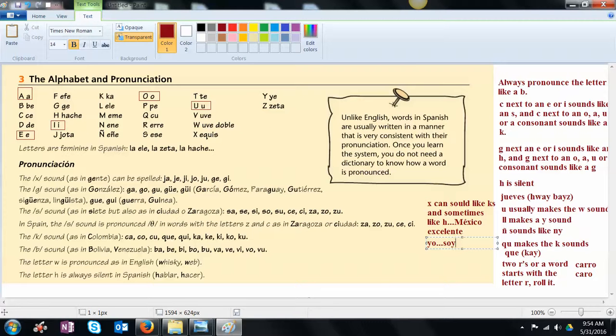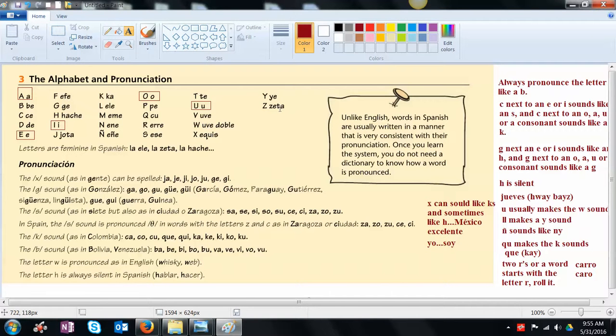So if it starts a word, it's going to be harsher, or maya. Actually, I don't really know. Just in some words, it's going to be soft. In some words, it's going to be hard. So yo, it's hard. Maya, it's hard. But then you'll have words like soy, boy, where it's softer.